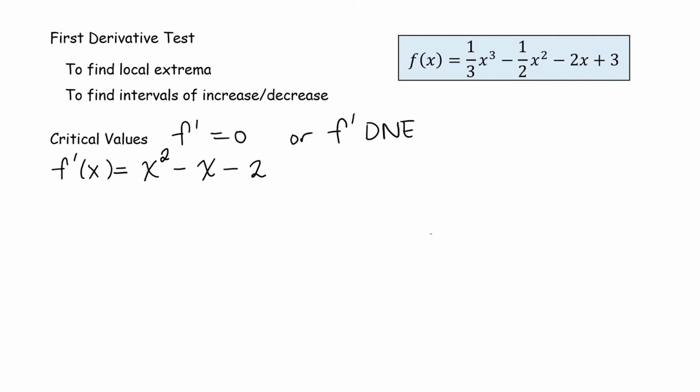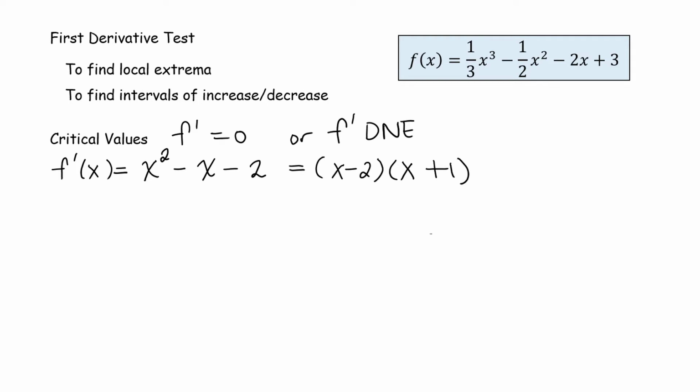Let's continue. We can factor the x squared minus x minus 2 into a product of two binomials. That could be x minus 2 times x plus 1.